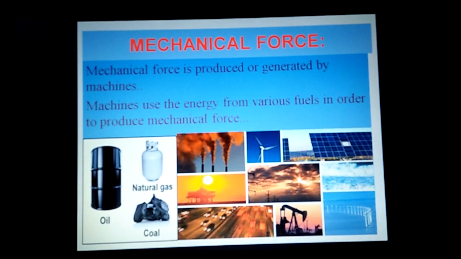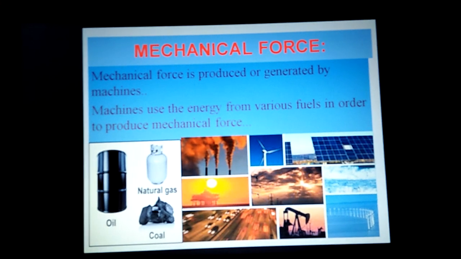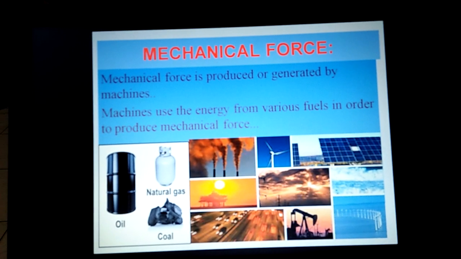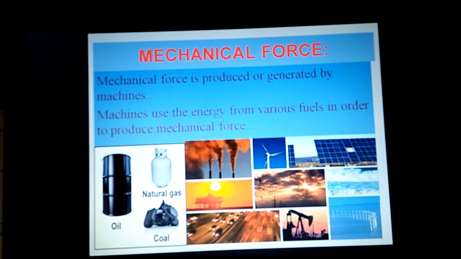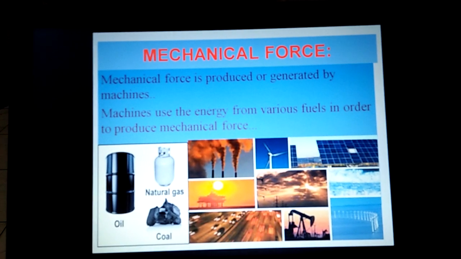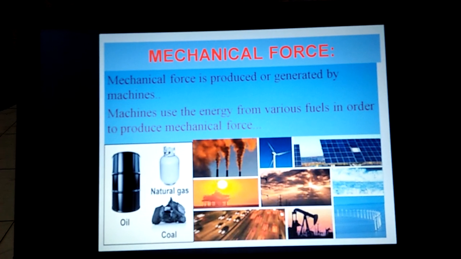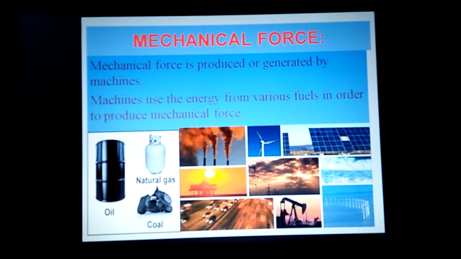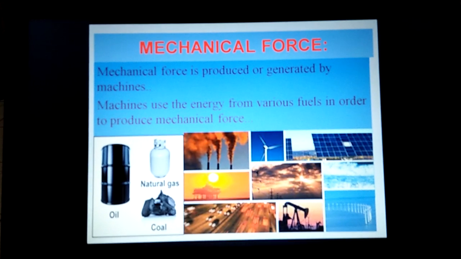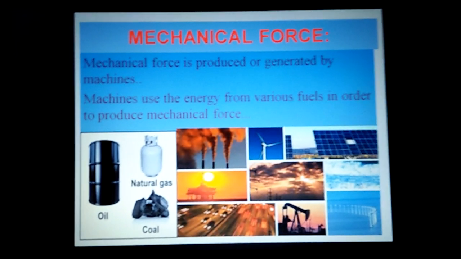But remember, they are only running upon our muscular force. So there we will not say that mechanical force is applied by a hammer. Hammer cannot do anything on its own unless we apply our muscular force and use it. So remember, simple machines use muscular force only, while complex machinery uses mechanical force. I hope this is understood.